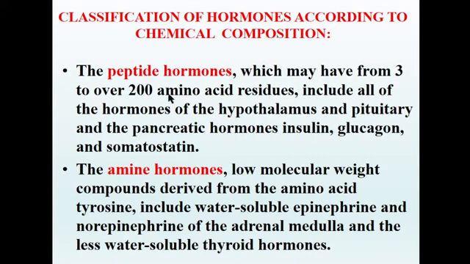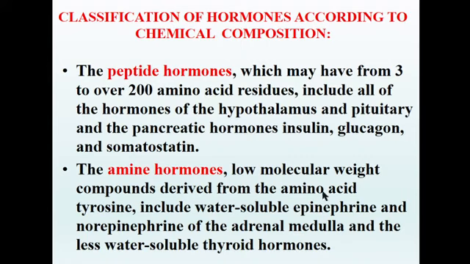It may be a simple protein, which consists of more than 200 amino acids, but they have no non-protein part, they are simple. For example, prolactin and somatostatin. And there are complex proteins, which have a non-protein part. Traditionally they are glycoproteins. Usually they have polysaccharides, usually branched polysaccharides. For example, gonadotropins.